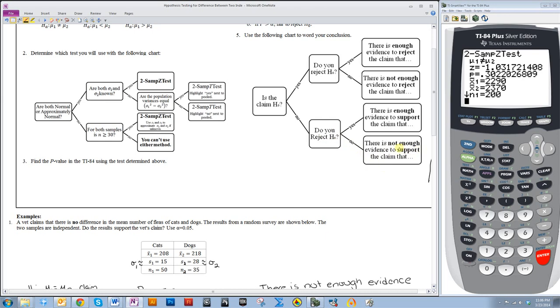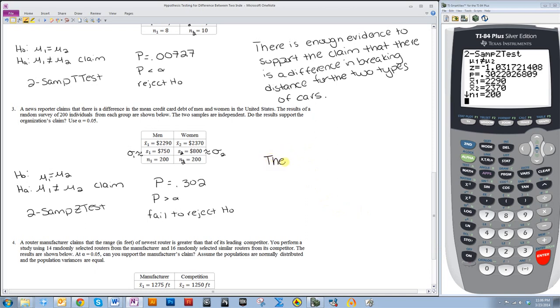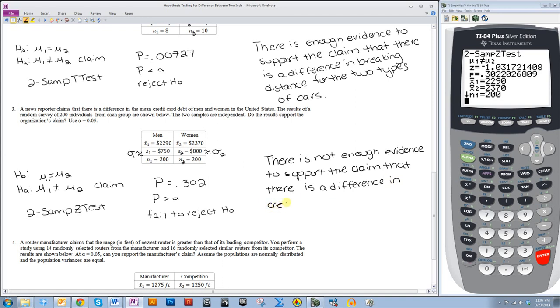No. There is not enough evidence to support the claim that there is a difference in credit card debt among men and women.